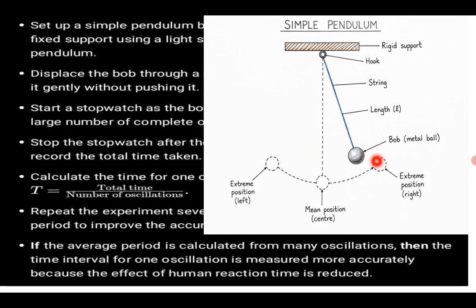So draw neat diagrams. Don't draw awkward-looking diagrams. Examiners sometimes, because of attitude or something else, may not mark your poorly drawn diagram happily. So draw a neat diagram and label it nicely so that you get 3 marks right away before you start describing.